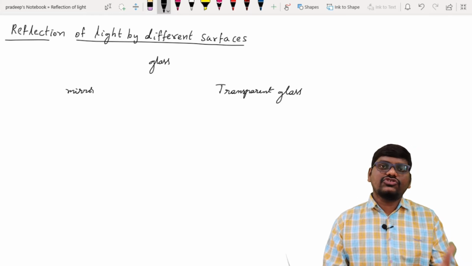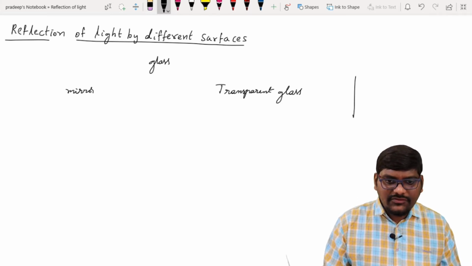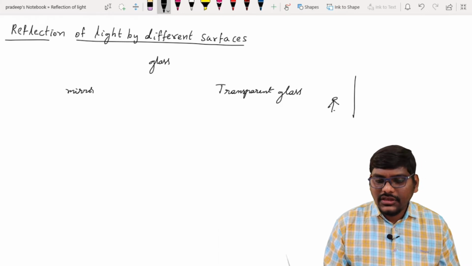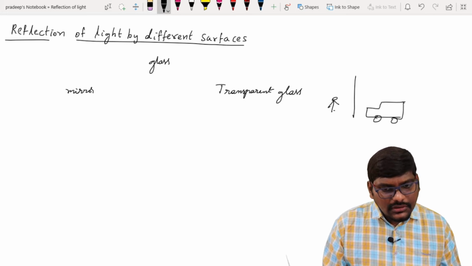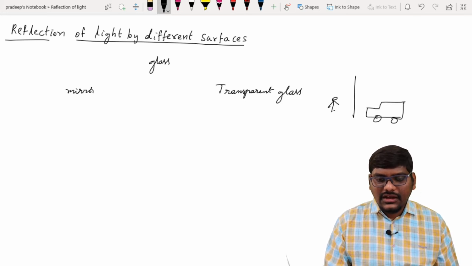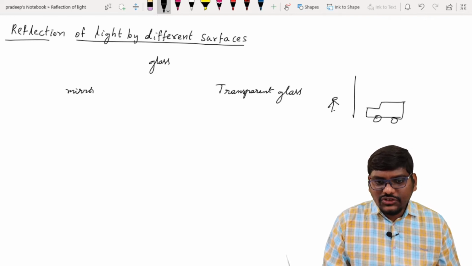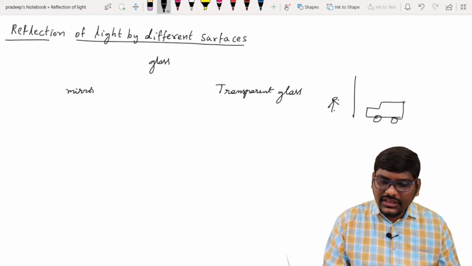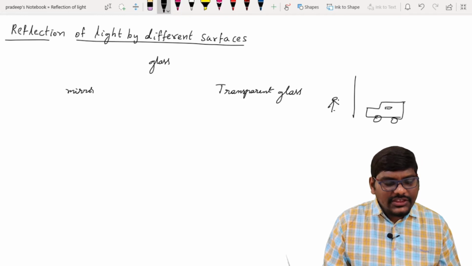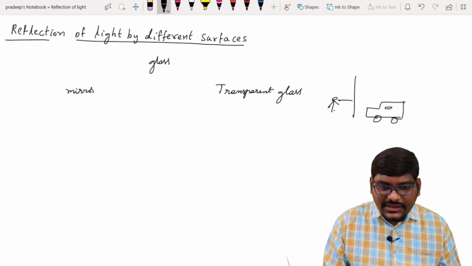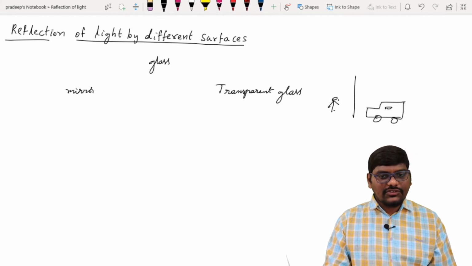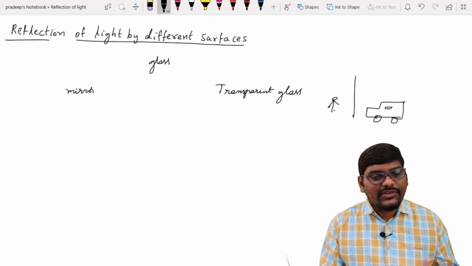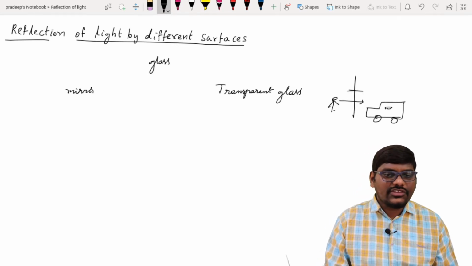If you go to a shopping mall and stand in front of it, suppose there is a car inside the shopping mall. Now if you look at the car, you could see it very clearly through this glass. You are seeing the car inside the shopping mall very clearly through this glass, because this is a transparent glass. Whatever you look at, you can see very clearly through the glass. So this is a transparent glass.